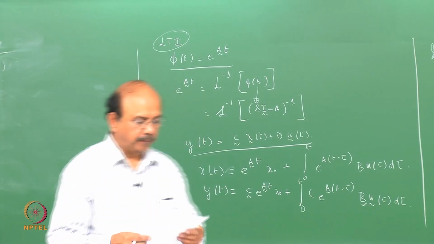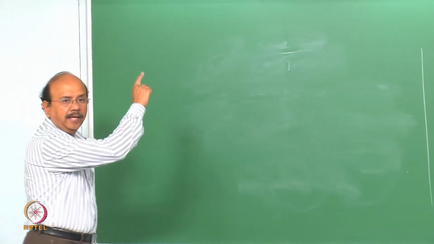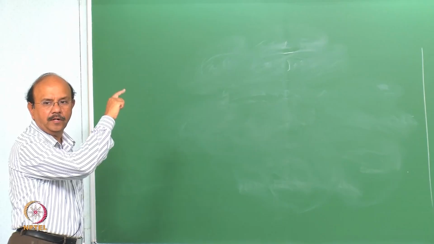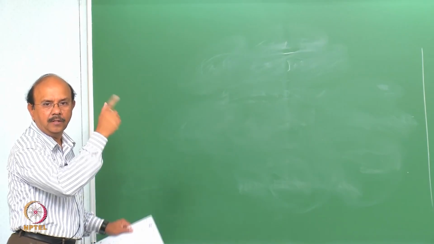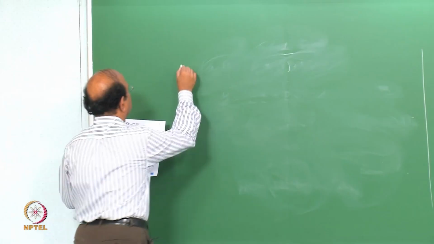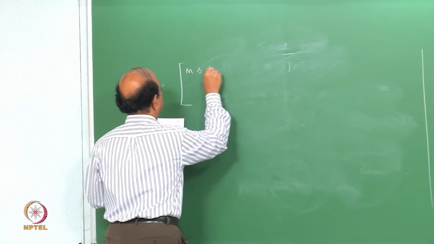Let me write down that expression. I'm going back to the A. Remember that we had x dot is equal to Ax. I'm going back to that expression after the Laplace transform.